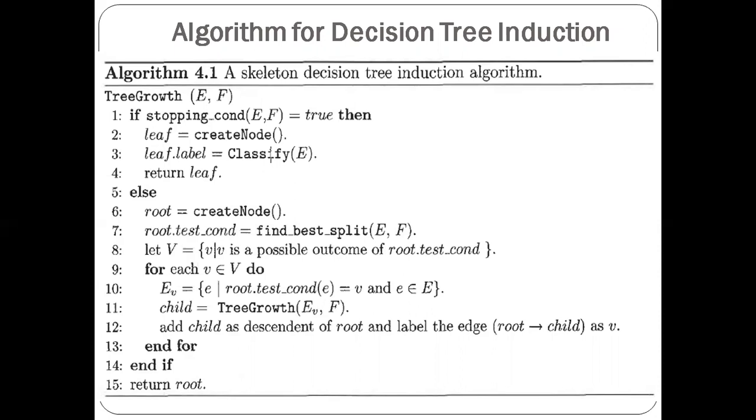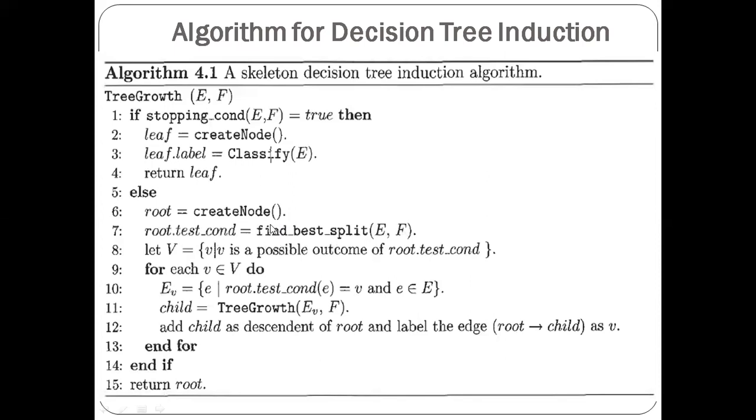If you have records that belong to multiple class labels, at that time we will be creating a root node first using this create node function. Next, we need to find the best split, that is, we need to choose one of the attributes as the splitting attribute.